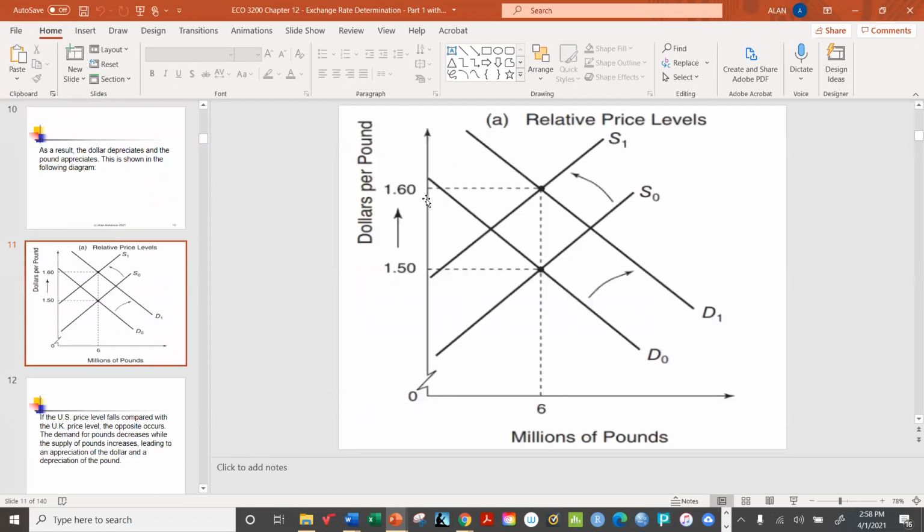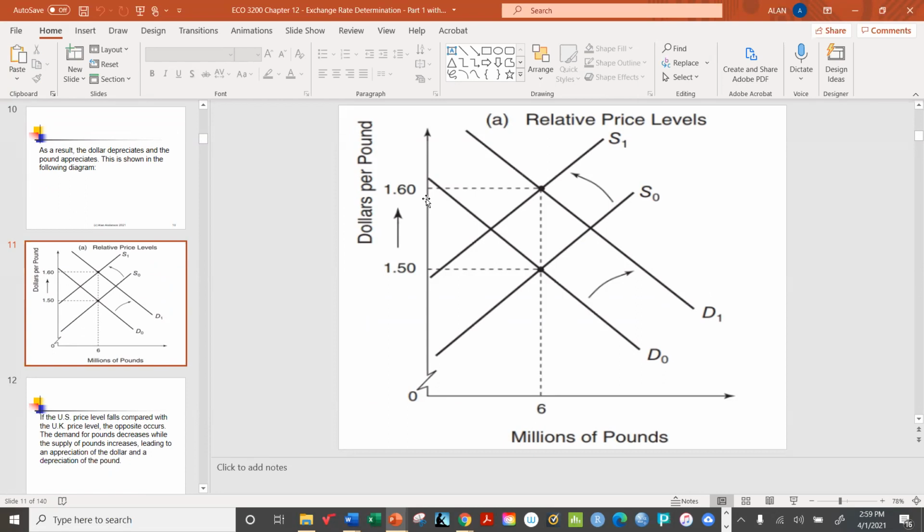So what's happening here is that if US prices go up, Americans will demand more foreign products, which means we need to buy more of the foreign currency to buy those products. The demand for the foreign currency goes up. But at the same time, the foreign consumers do not want to buy as many American products.